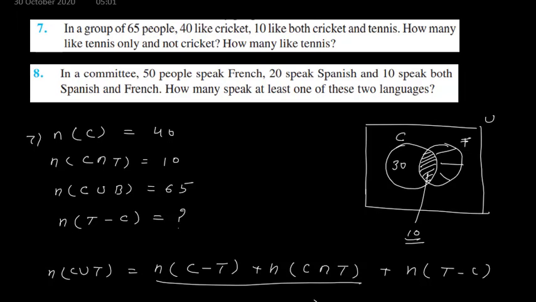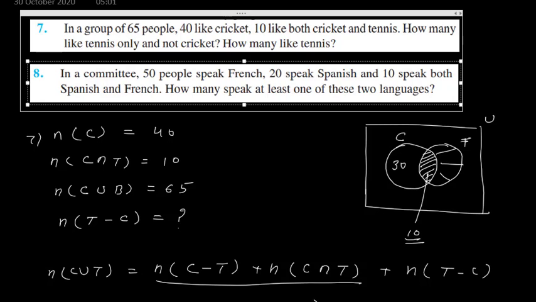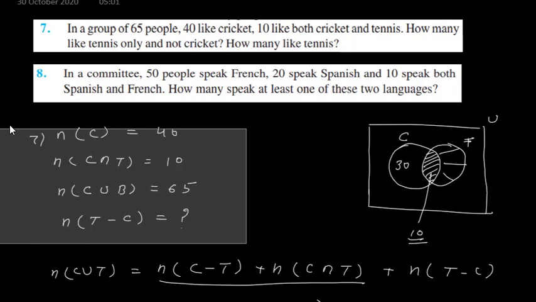In a committee, 50 people speak French, 20 speak Spanish and 10 speak both Spanish and French. How many speak at least one of the two languages? So the 8th question is a simple question.